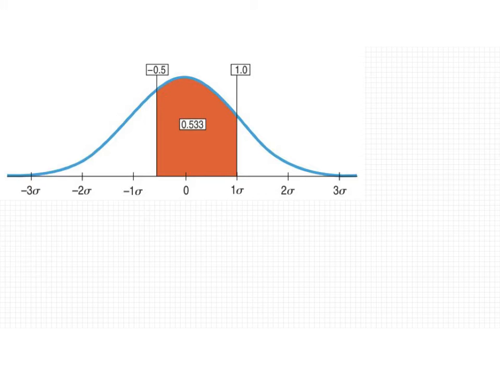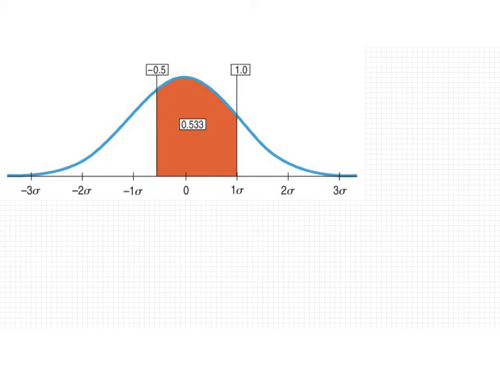So let's now take a look at a problem here. Given the area, we already have the answer, but I want to talk about how we find this. We want to find the area between the two curves. So we have that negative 0.5, and that means we're going to go to the table with the negative side. Both these tables are also in Canvas as a PDF for you to look at as well.